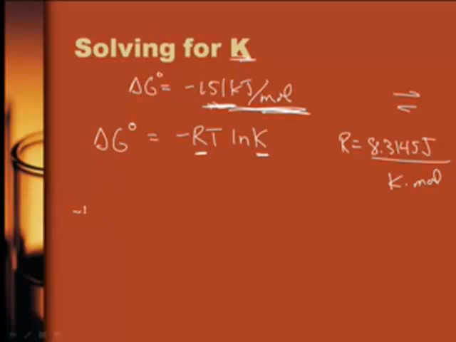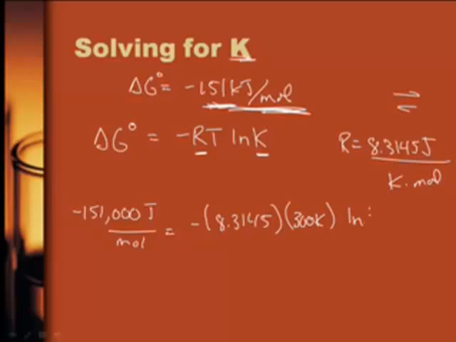So I'm going to say negative 151,000 joules per mole is equal to negative 8.3145, I'm not going to put the units in there, times the temperature. We have to pick a particular temperature, so let's say 300 Kelvin. Times the natural log of K. Now, how would I algebraically solve that?